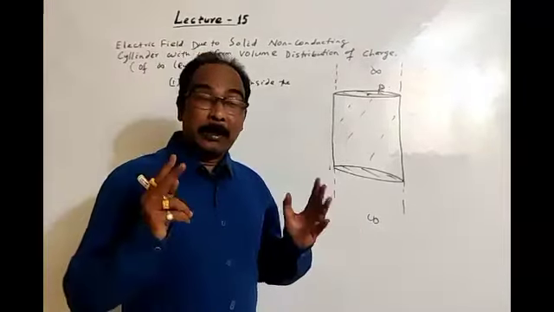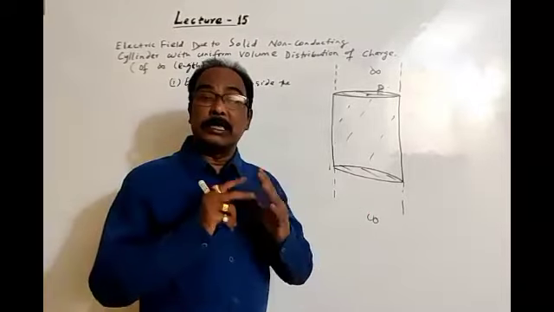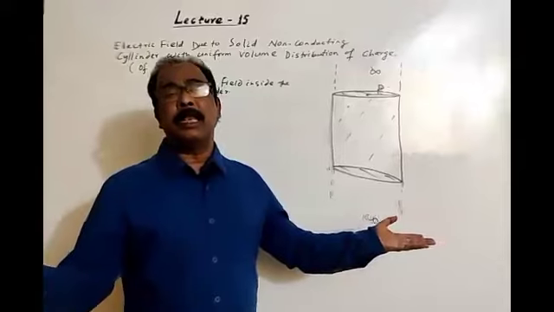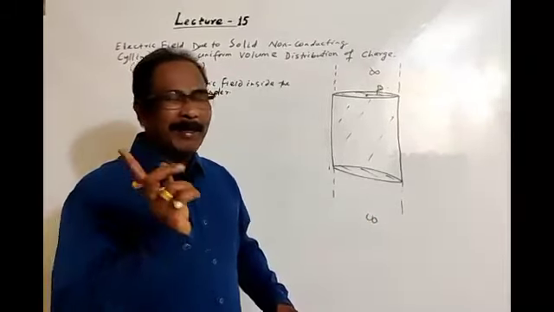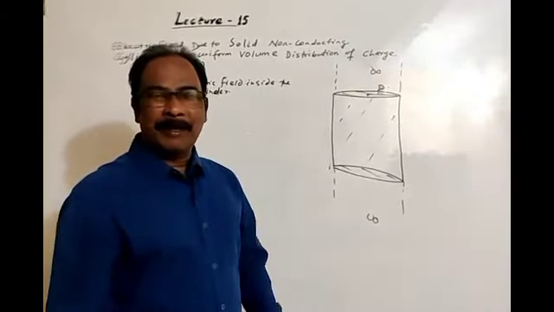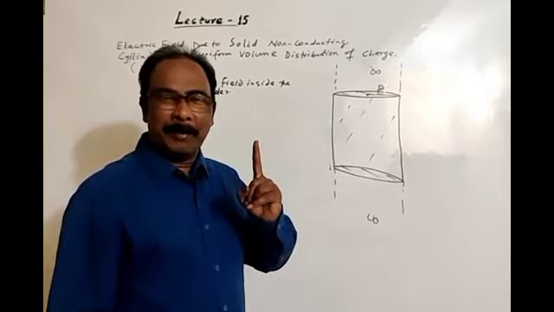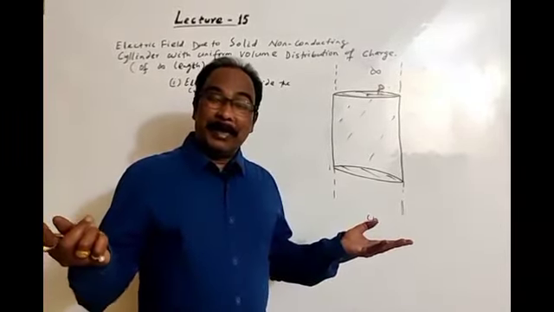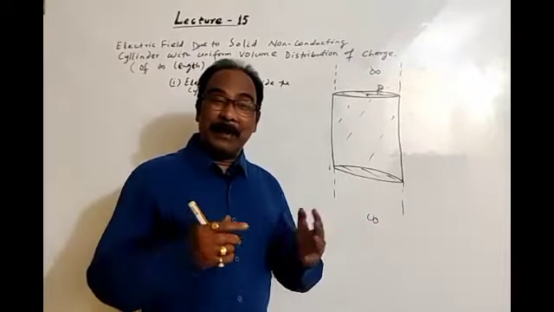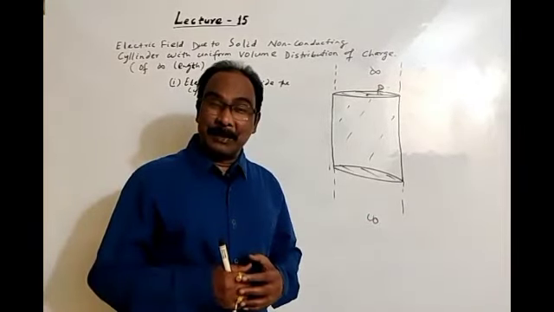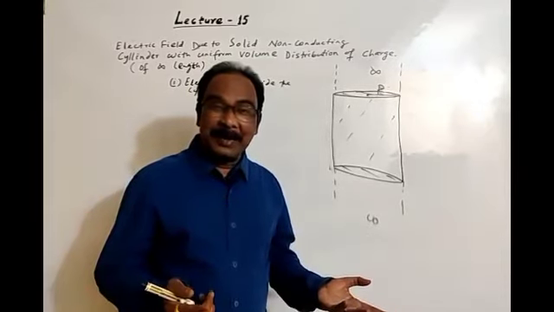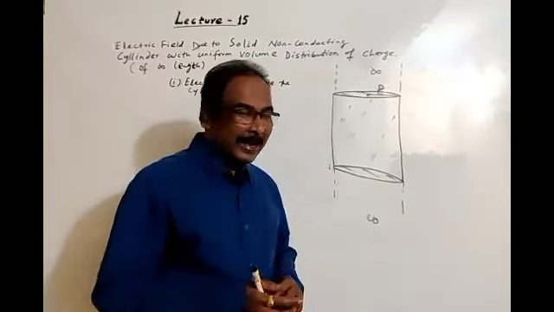Where there is electric flux, there must be electric field. So if we consider a Gaussian surface without any charge, then flux is zero and electric field is zero, as we have discussed in previous cases.